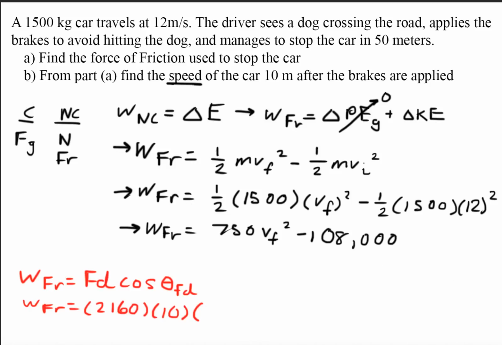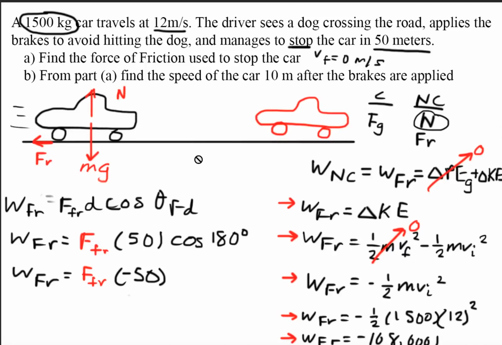And to go over it one more time, here is the situation. We have the car moving forward, and the force of friction is acting toward the left. So focus your attention in this circle. This is my force of friction, and in black, I'm going to draw my displacement. The displacement is 10.